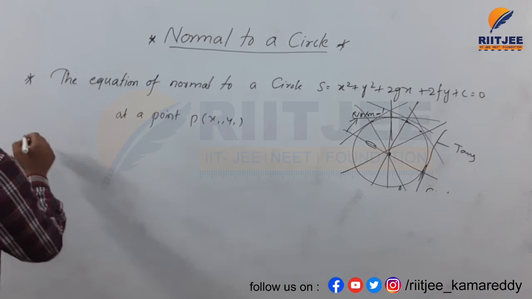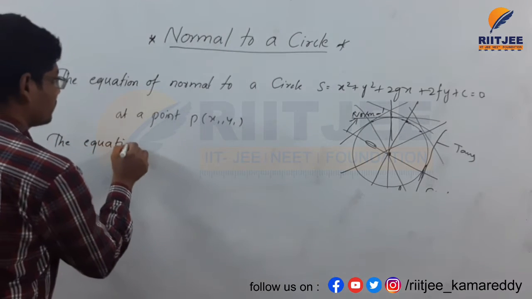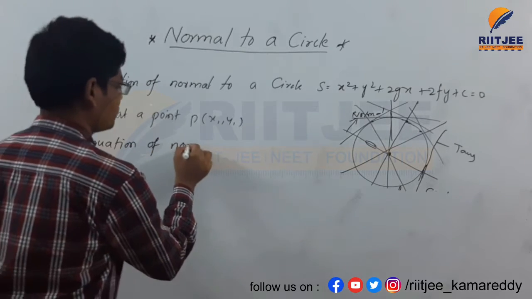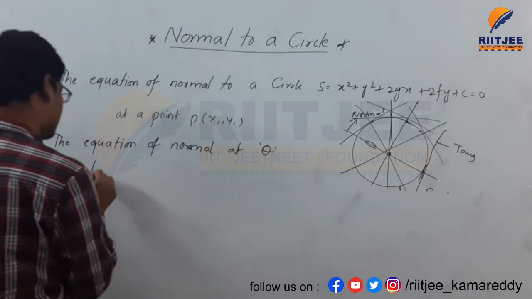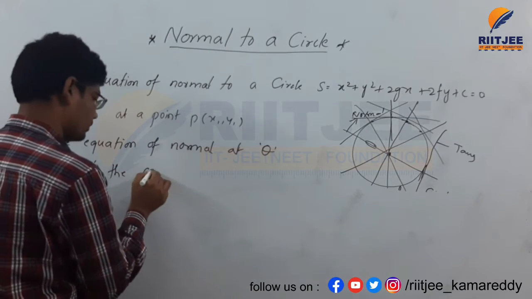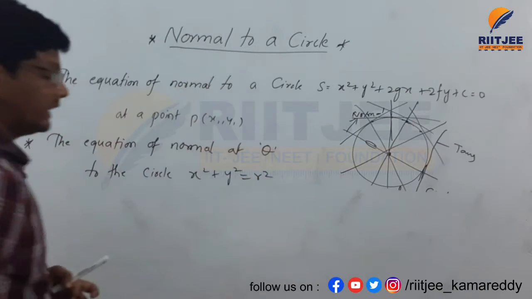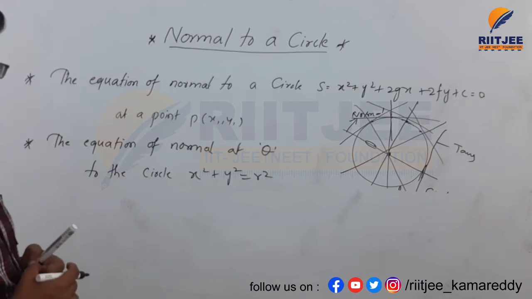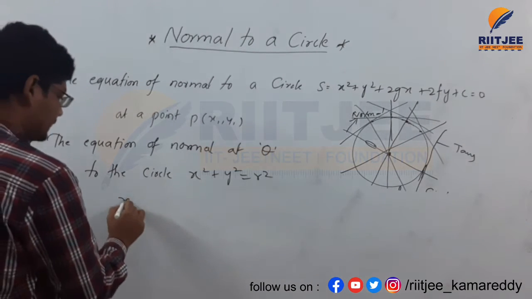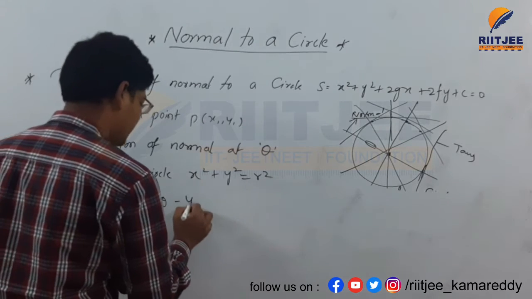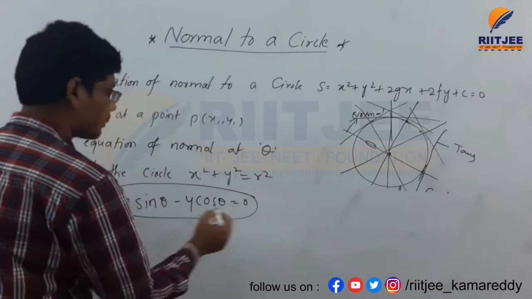That is the equation of normal at theta to the circle x square plus y square is equal to r square: x sin theta minus y cos theta is equal to 0. This is the equation of normal here.